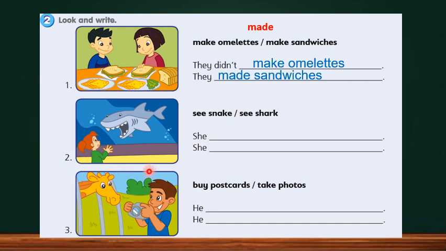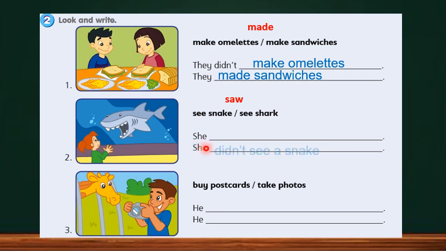Question 2. The past tense for see is saw. Please look at this picture. What did she see? Is that a snake or a shark? Correct, it is a shark. So how can we answer this question?